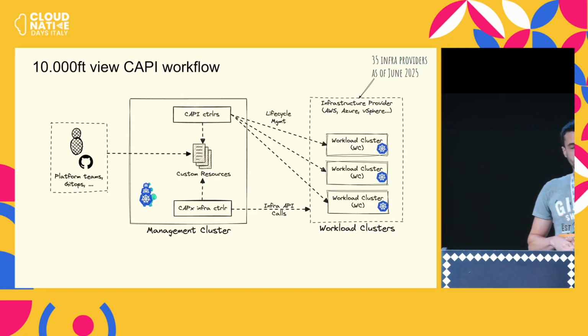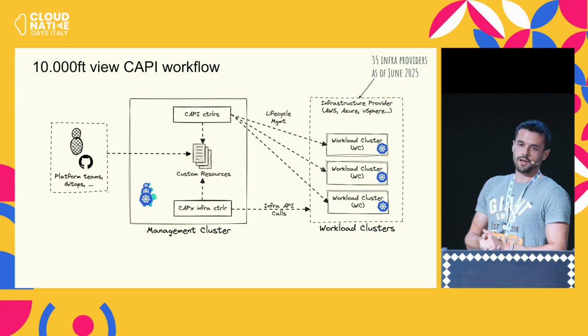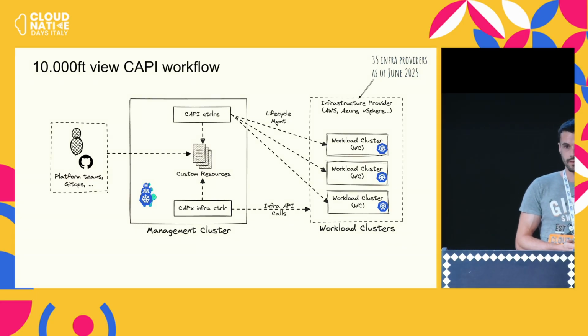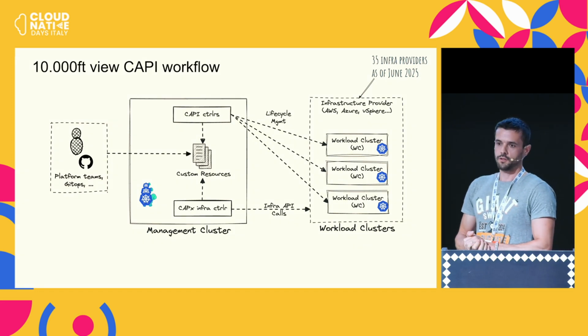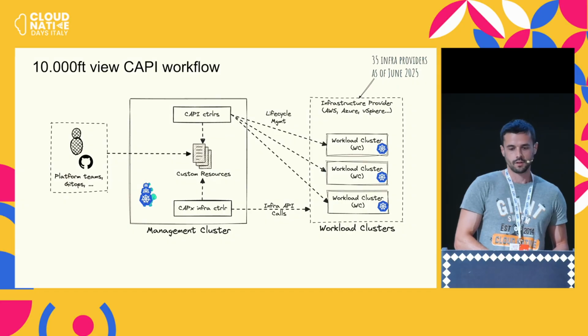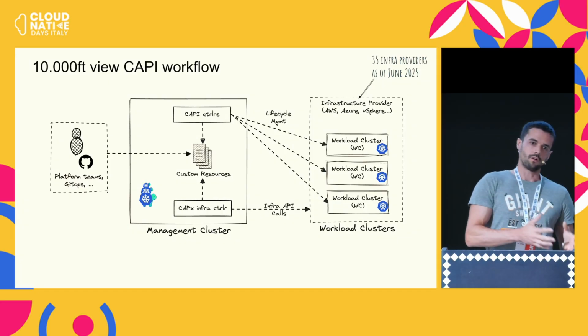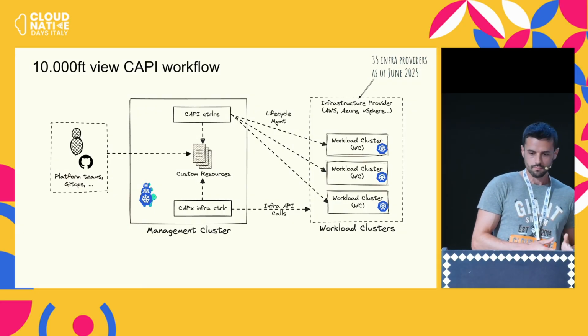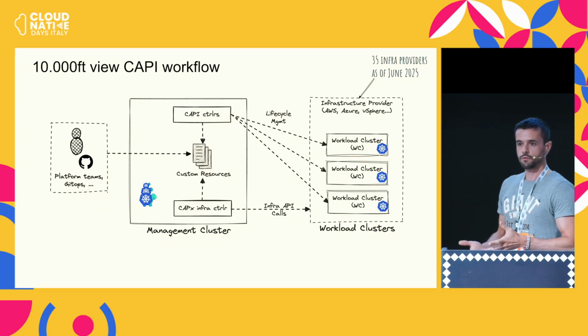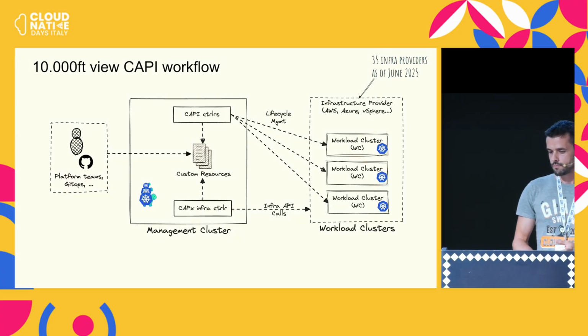So this is a 10,000 foot view, let's say, 5,000, doesn't really matter, of how Cluster API works. On the left-hand side, we have the concept of management cluster. A management cluster is just a regular Kubernetes cluster, except it's going to run our Cluster API controllers. There are the core controllers, and then there are the infra provider controllers. The infra could be AWS, Azure, pretty much wherever you want to deploy your Kubernetes clusters.